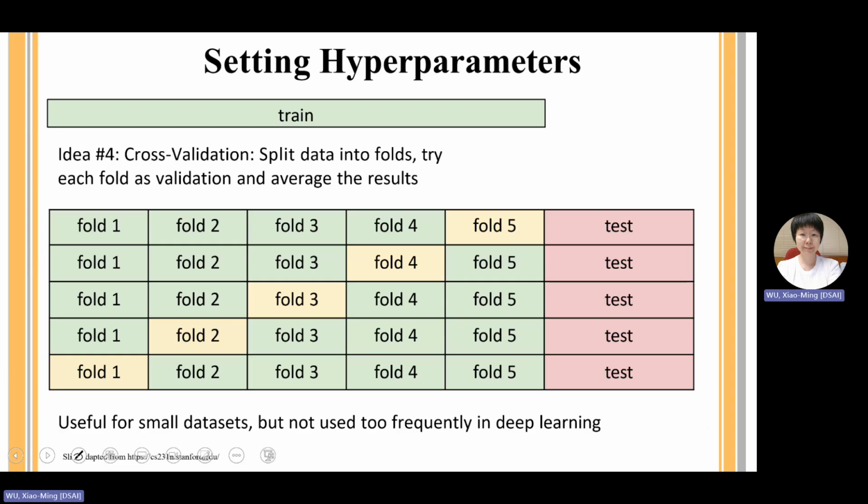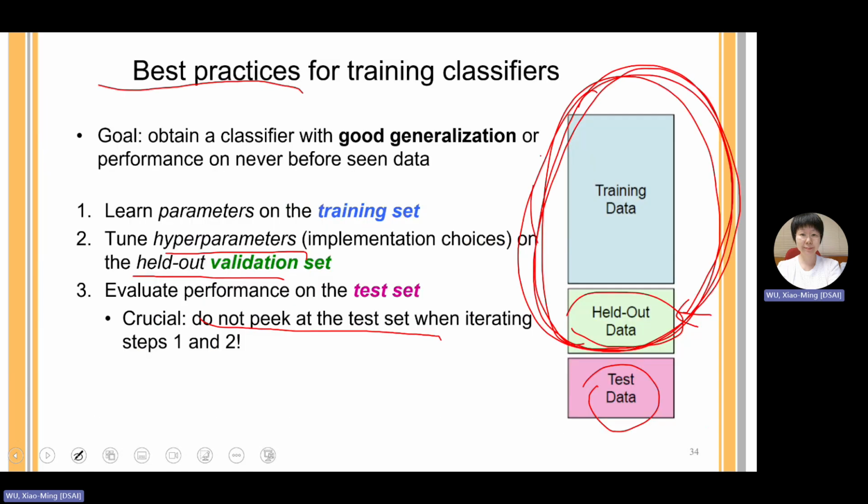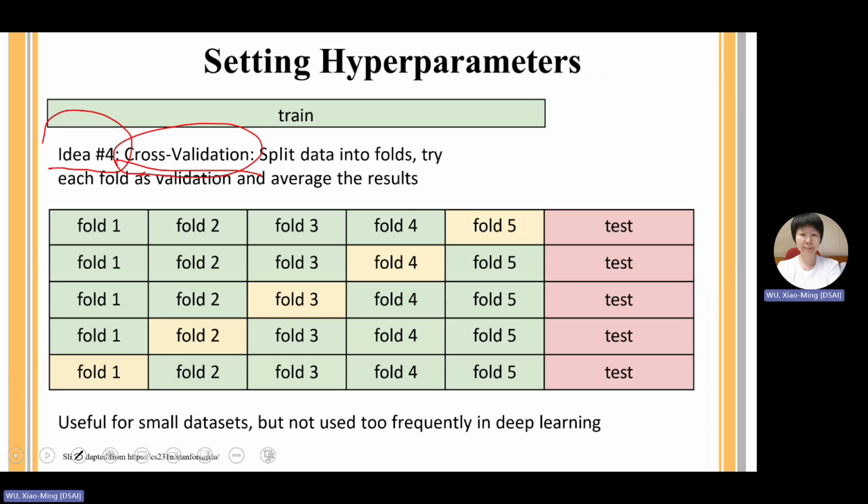But now I want to mention there's a term called cross validation. Well, this idea is slightly different from the validation set. Cross validation is like this.